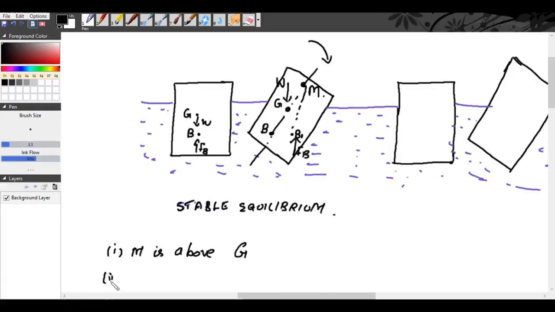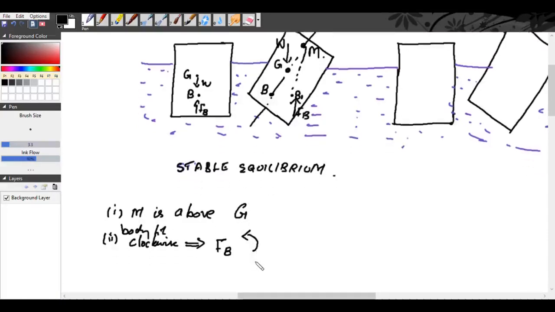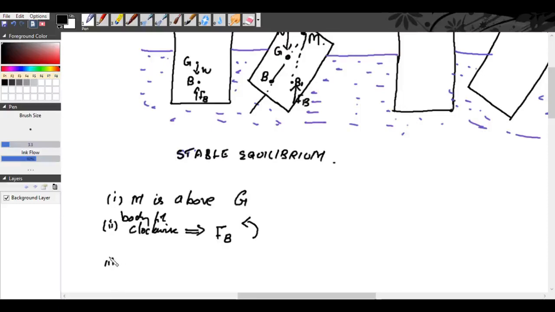So the second condition is, when the body is tilted clockwise, the force of buoyancy acts in the anti-clockwise direction. And the third condition is, the body comes back to its original position after a slight tilt.